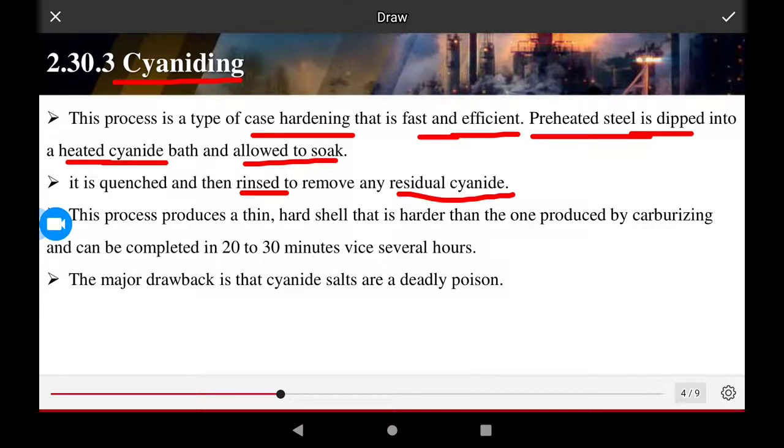This process produces a thin hard case that is harder than the one produced by carburizing and can be completed in 20 to 30 minutes instead of 7 hours. The major drawback is the disposal of the sanitizing salt.